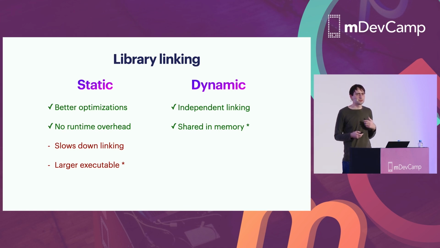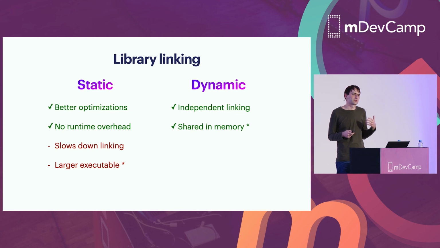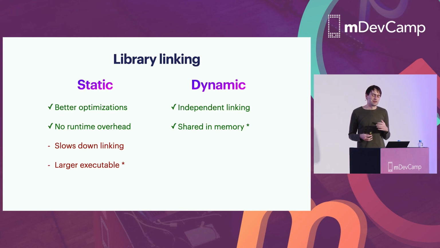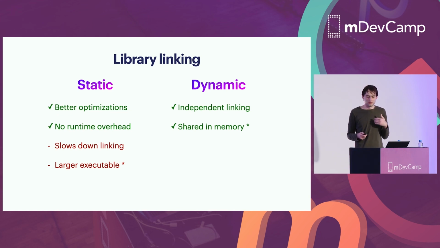They are also shared in memory, which is an optimization for the OS, because it doesn't have to load multiple versions of the same library in memory. Again, with an asterisk, on iOS, this is true only for system libraries. User libraries or your app libraries don't have this benefit because the app is sandboxed and all the dynamic libraries are loaded for each app individually.